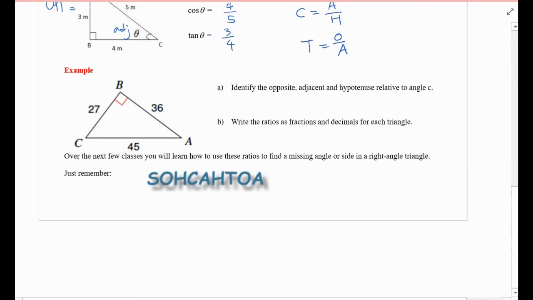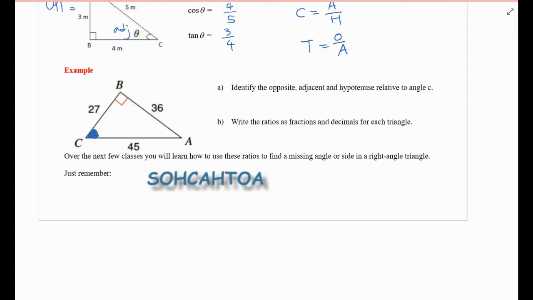Okay, example: identify the opposite, adjacent, and hypotenuse relative to angle C. We're going to use angle C to solve the problem, so we think of everything from the perspective of angle C. Side AB is opposite to this angle, right?